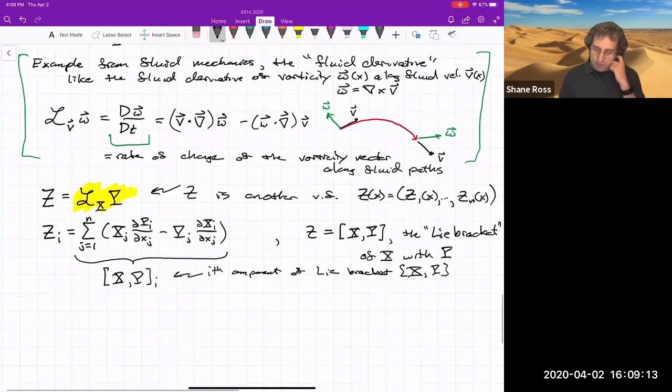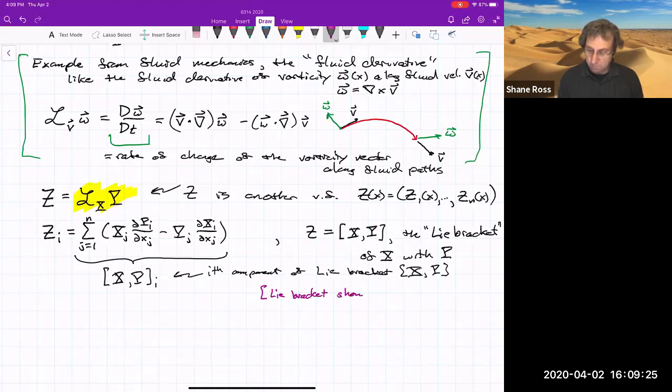The Lie bracket, it's showing up here. It also shows up in control theory, which I guess is kind of an aside, because I'm not going to say much about it. The way it shows up in control theory is if you have two infinitesimal controls that you could do.